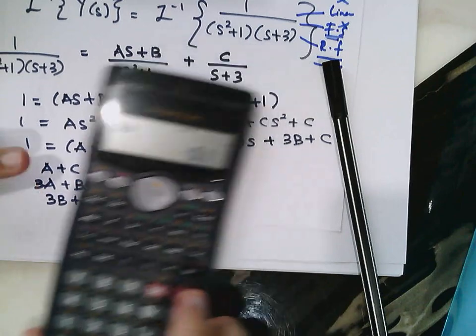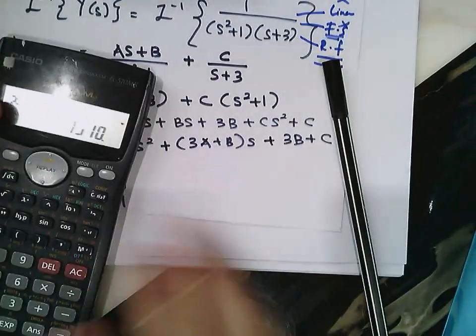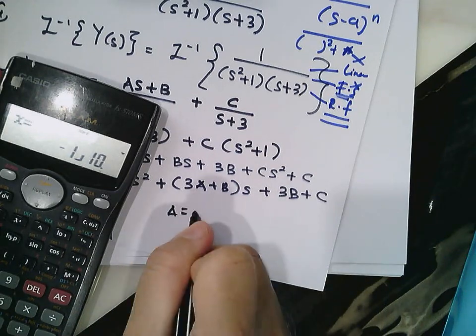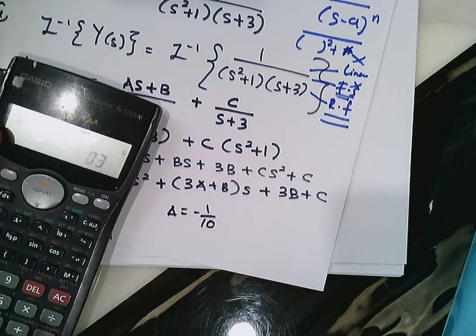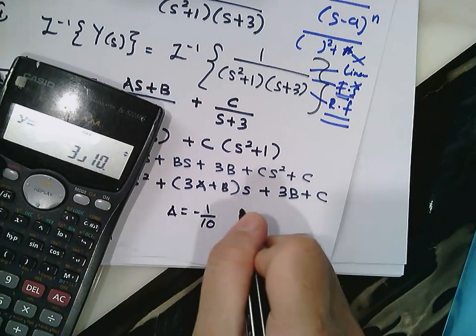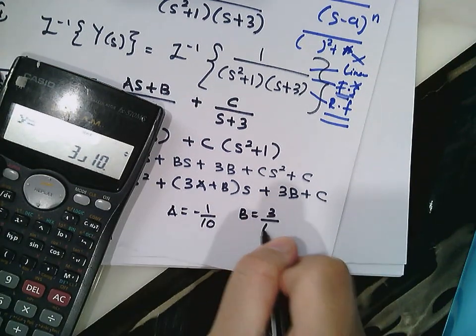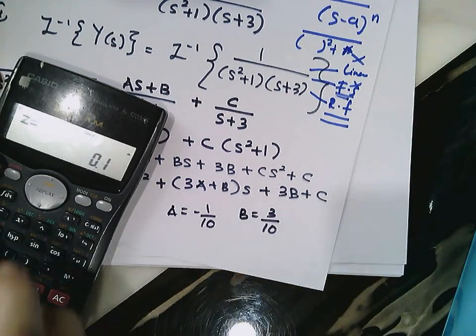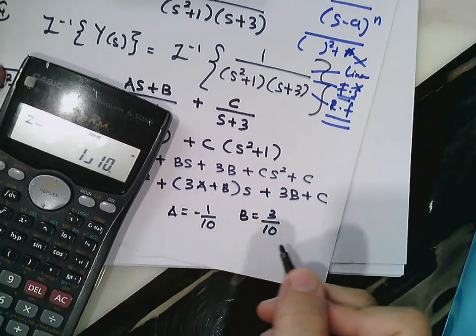So therefore, your A is equal to negative 1 over 10, your B is equal to 3 over 10, and your C is equal to 1 over 10.